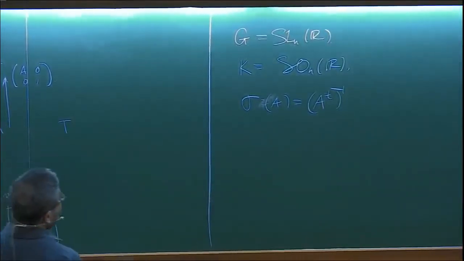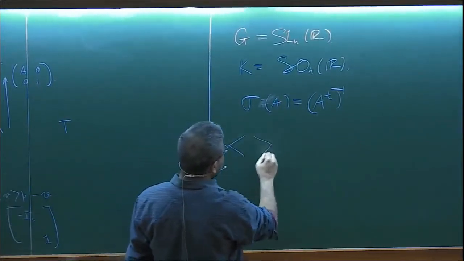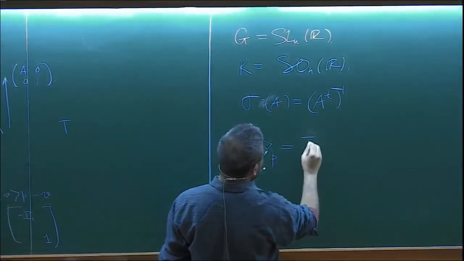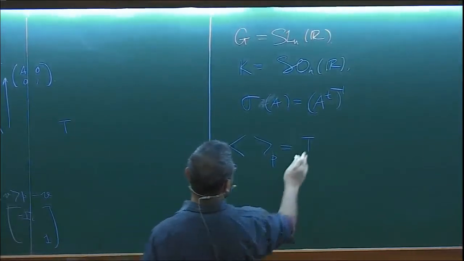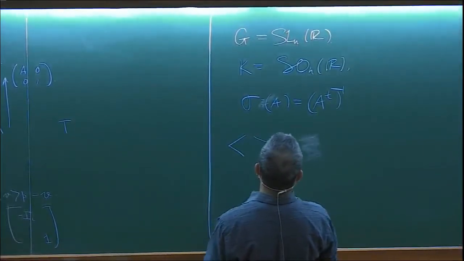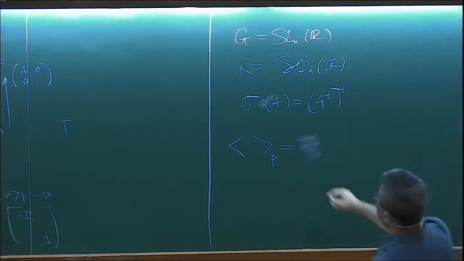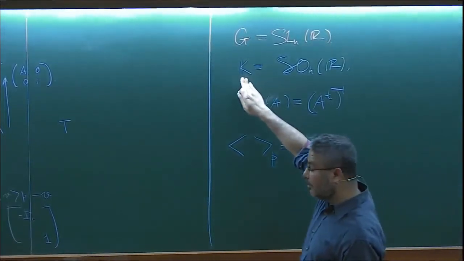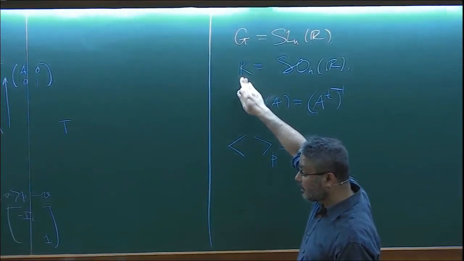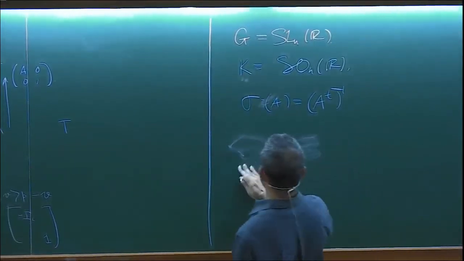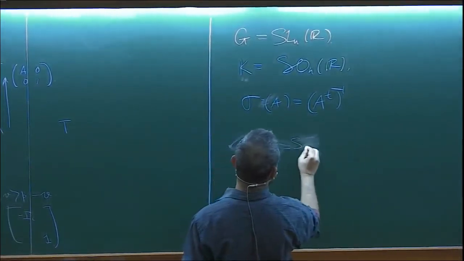On P, again, you just restrict the trace. The Lie algebra of K is the skew-symmetric matrices, and P is going to be the symmetric matrices.